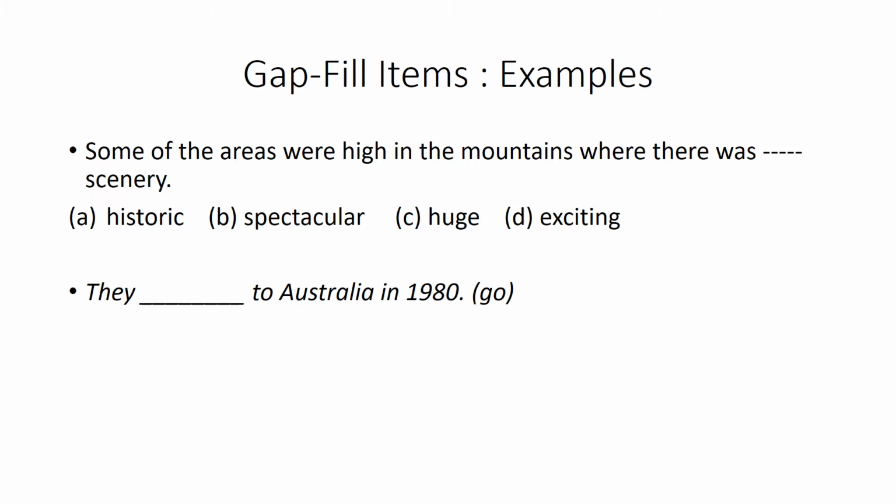The teacher has given his students 4 options, A, B, C, and D. If you read these options, you can see that they are all adjectives. This means we are having semantic gaps, in which the teacher is testing the meaning of the words.